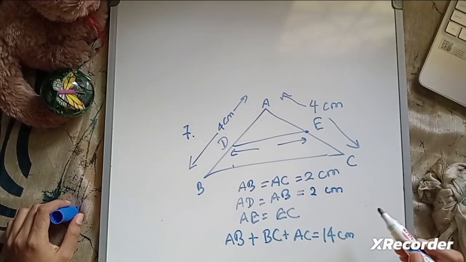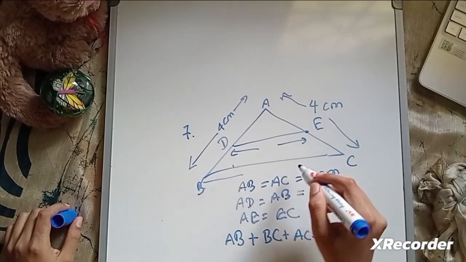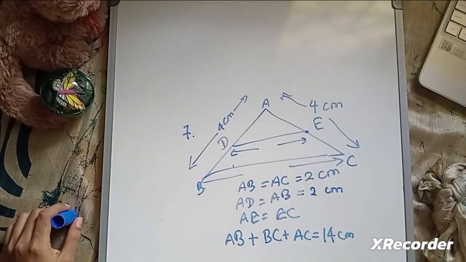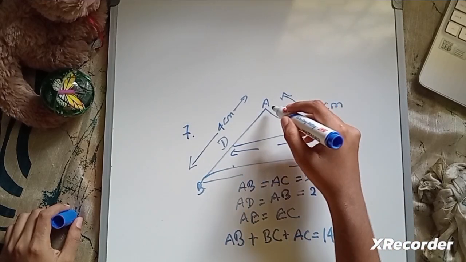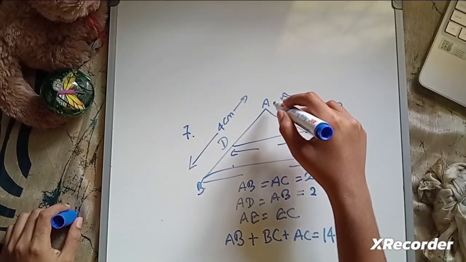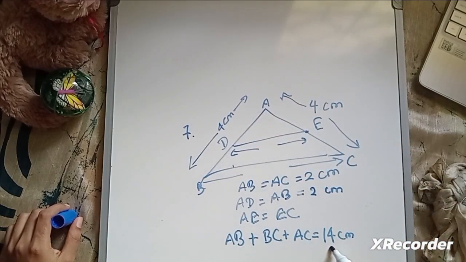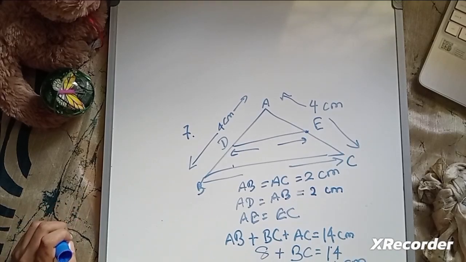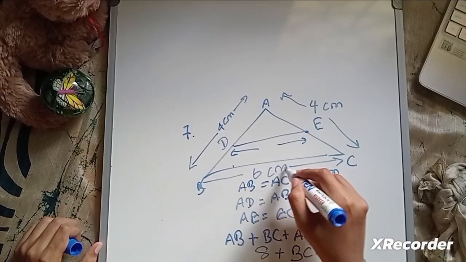Then we can find the length of this side. So AB plus BC plus AC is 14. AB and AC we know, 8 plus BC. We are going to find the length of BC, and it is 6 centimeters. So BC is 6.